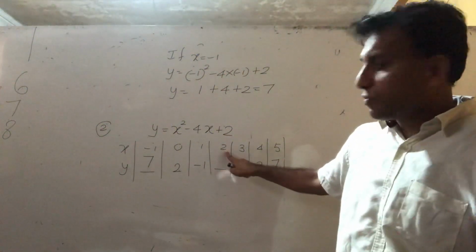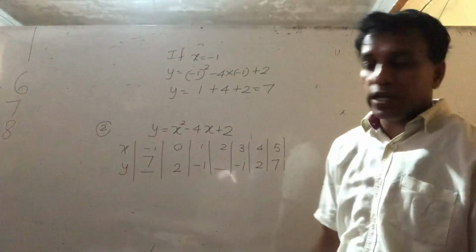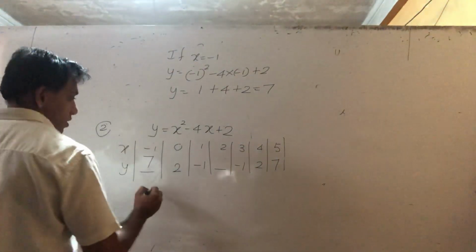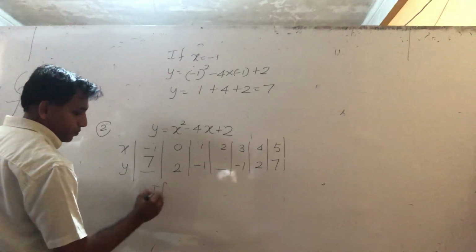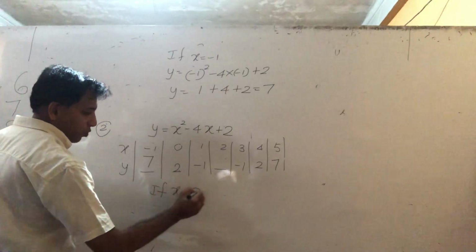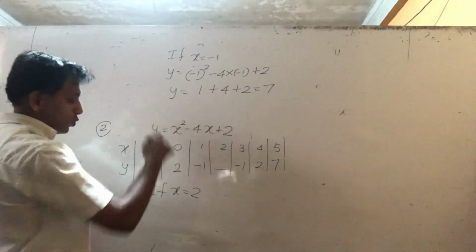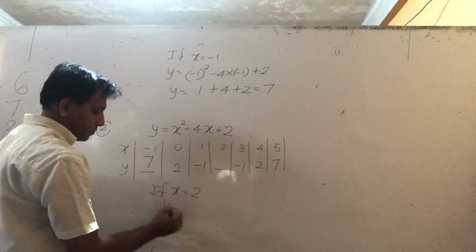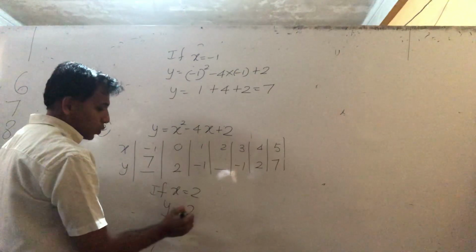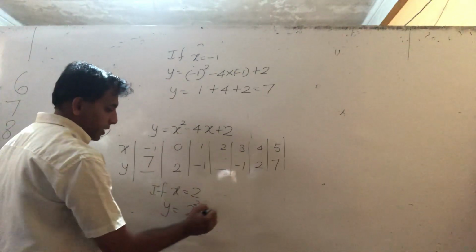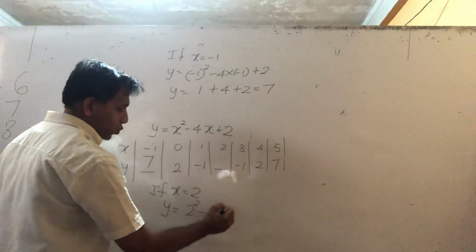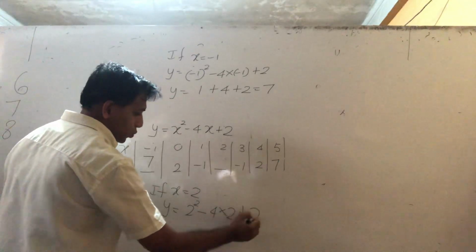Next, for x equals 2, find the y value. Substitute: y equals 2 squared minus 4 times 2 plus 2.